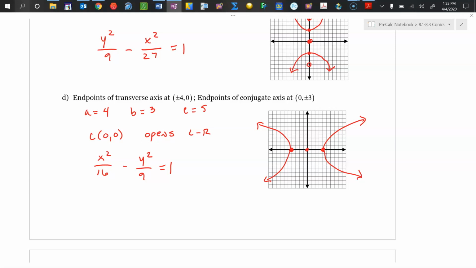The center is at 0, 0, it opens left, right. The x term has to be positive because it opens left, right, so we have x squared over a squared, or x squared over 16, minus y squared over b squared, which is y squared over 9, is equal to 1.